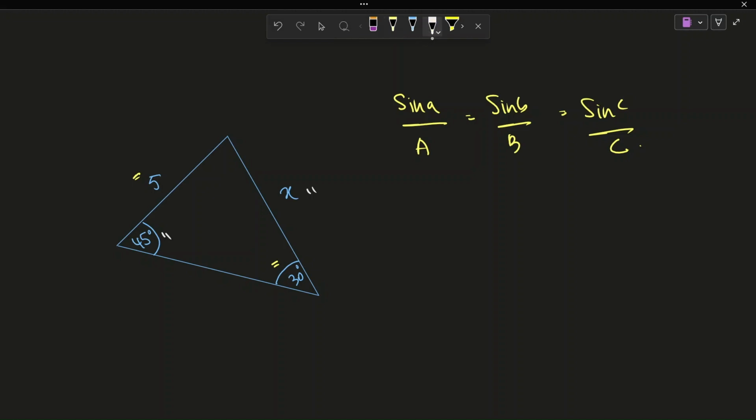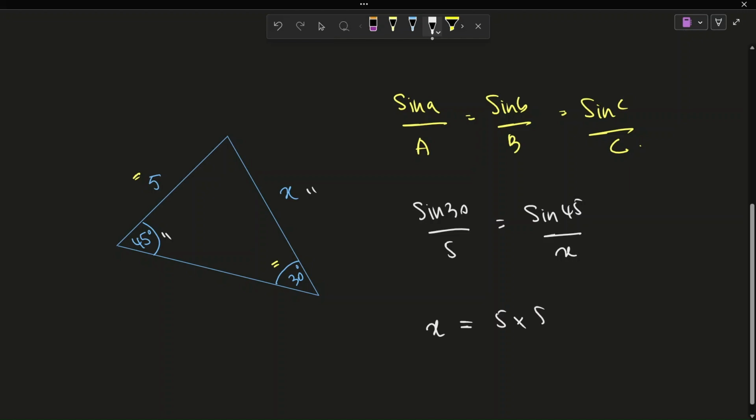So likewise, we're going to get sine 30 over 5 equals sine 45 over x. To rearrange this to make x the subject, we're going to get x equals 5 times sine 45 degrees divided by sine 30 degrees.